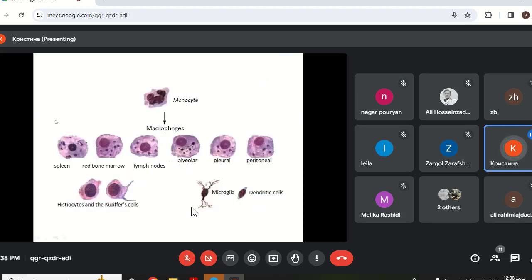Monocytes develop into macrophages and also some dendritic cells and microglial cells. Macrophages perform the function of phagocytosis, so they eat anything. They can eat bacteria, other cells, the components of extracellular matrix, anything.